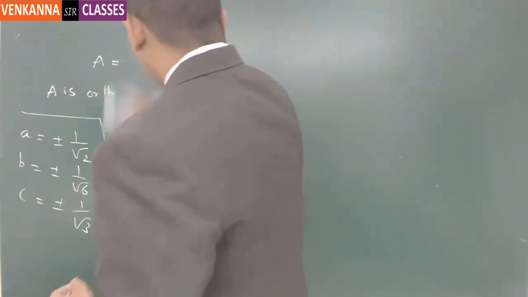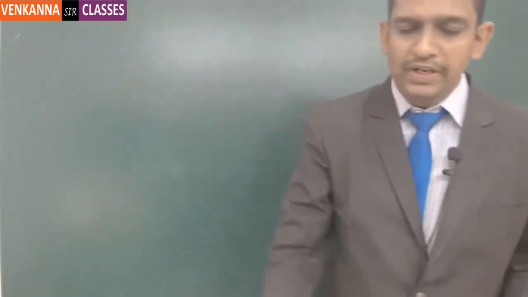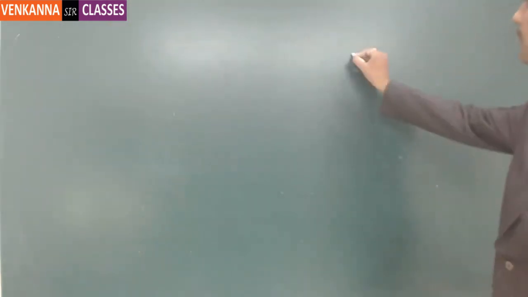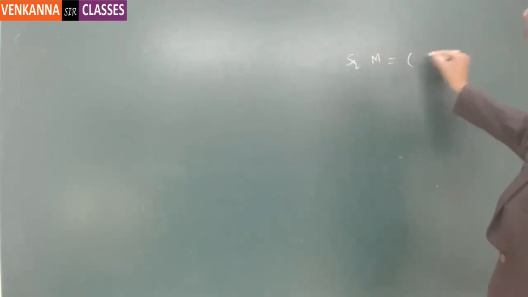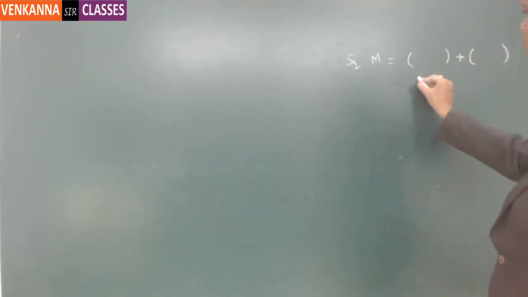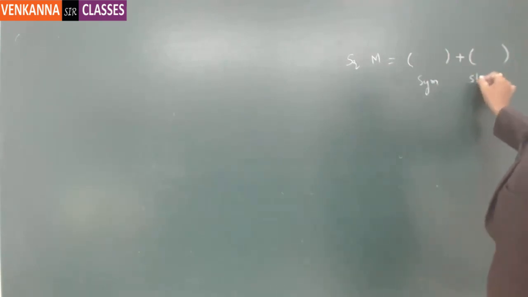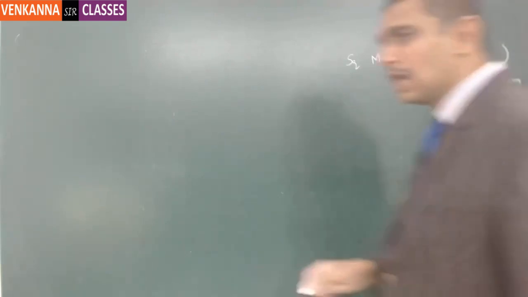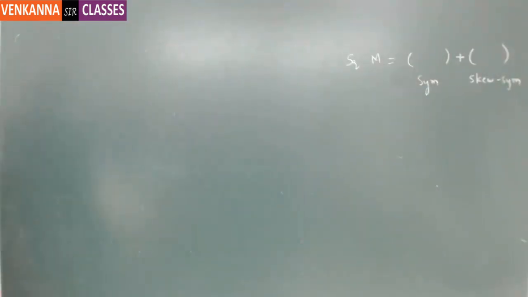So with regard to square matrices, you will have a small property that whenever you take a square matrix, that can be represented as the sum of two matrices, where the first matrix is a symmetric matrix, the second matrix is a skew symmetric matrix. Have you gone through this result earlier? Yes or no?